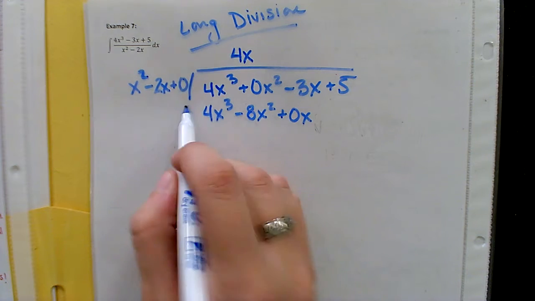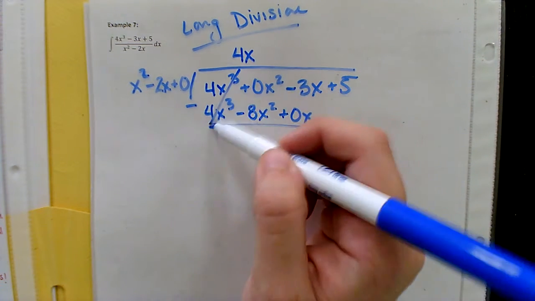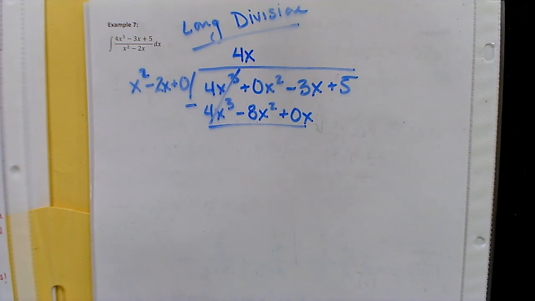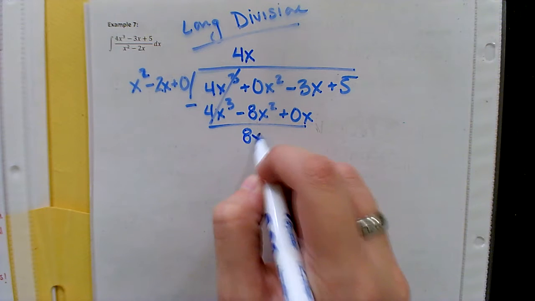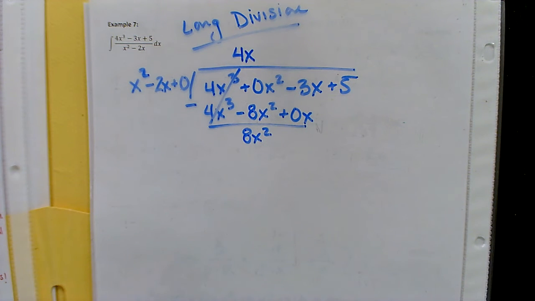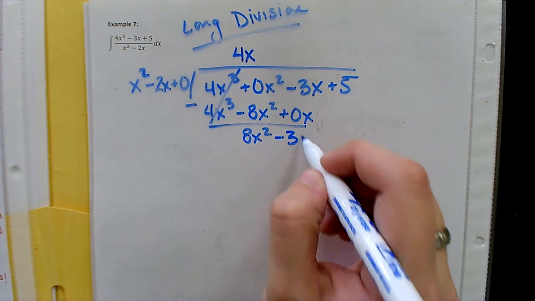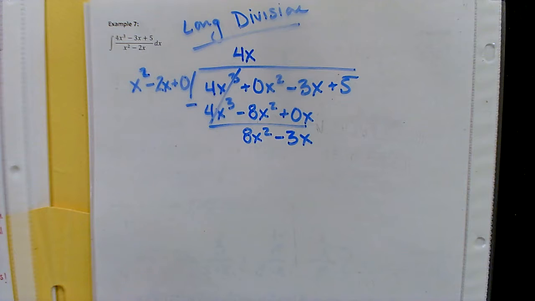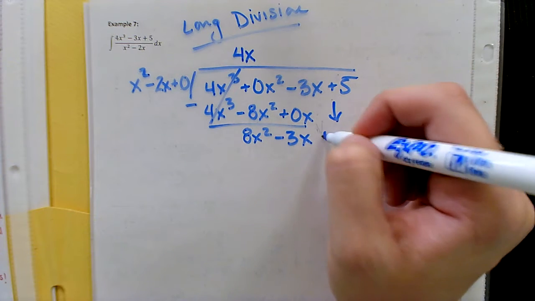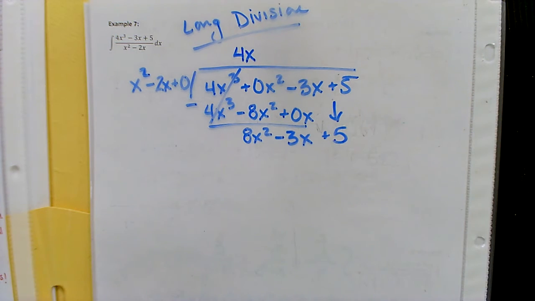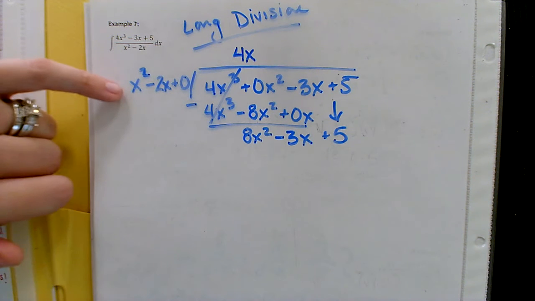From there we can subtract. First terms cancel. 0 minus negative 8 changes to positive. Negative 3 minus 0 stays negative 3x. And we can bring down the next term or the rest of the terms, whatever you feel comfortable with.